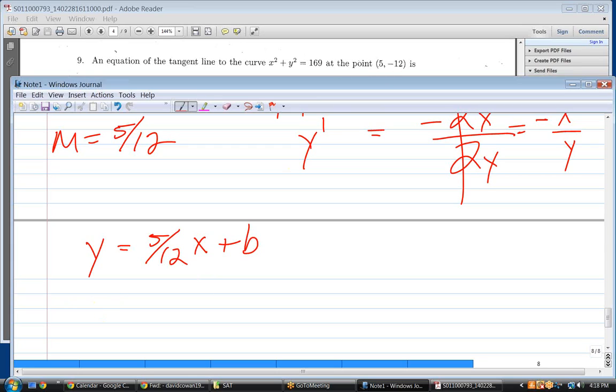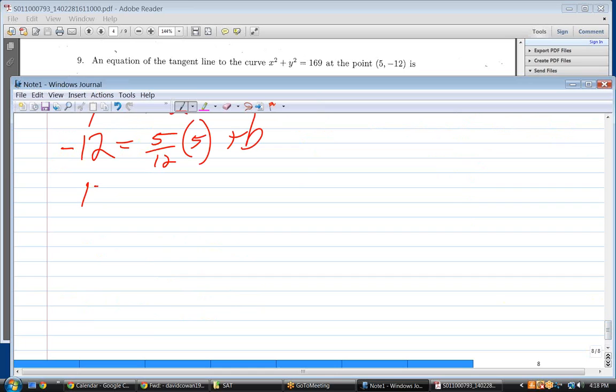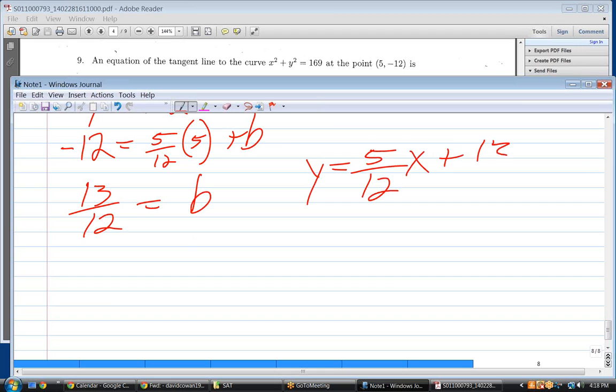Yeah. In other words, minus 12 for y equals 5/12 times 5 plus b. Solving for b, I believe you get 13/12 equals b. So then it'd be y equals 5/12 x plus 13/12.